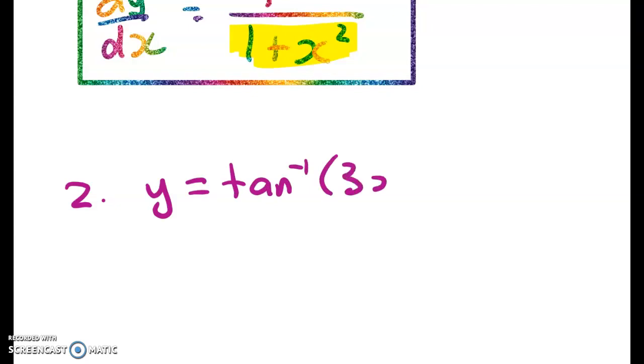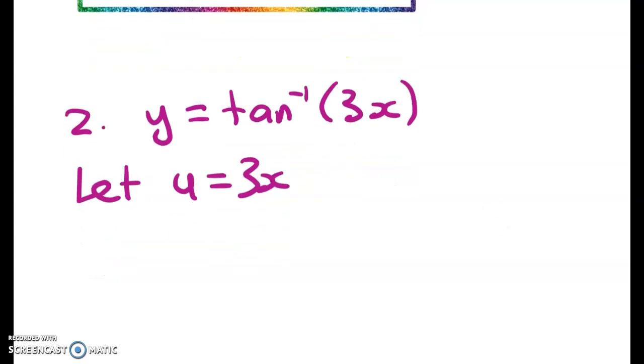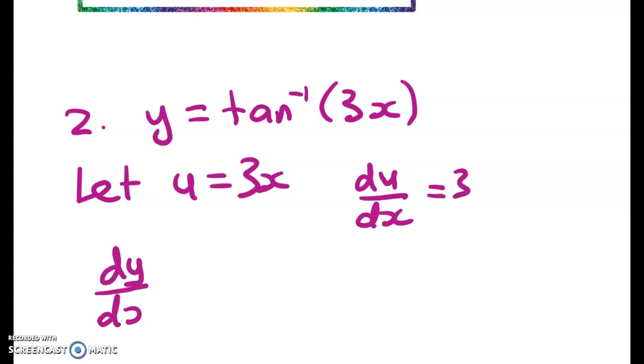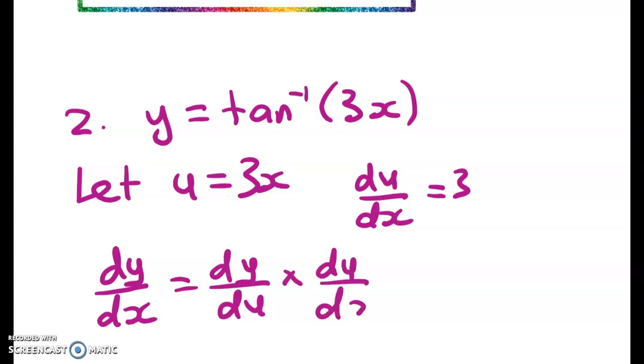So question 2 was y is equal to tan inverse of 3x. I'm going to do this one slowly and let u equal 3x. So du by dx is equal to 3. That gives us dy by dx is equal to dy by du times du by dx.